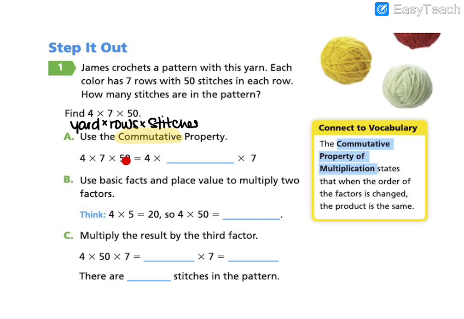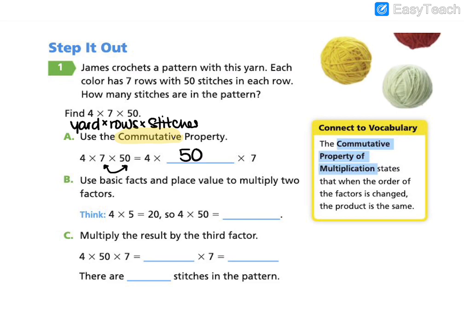We can do 4 times 50 in our head pretty easily. So it's asking us to flip these factors of 7 and 50 just so that we multiply in the order 4 times 50 times 7.